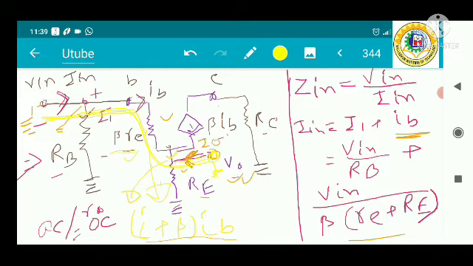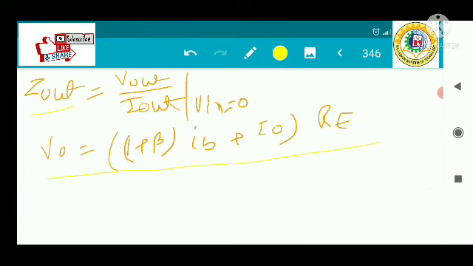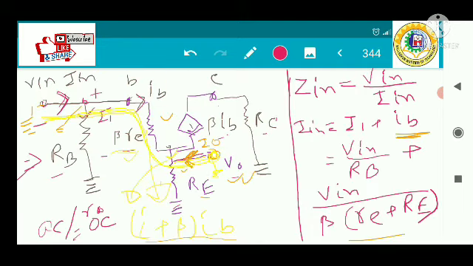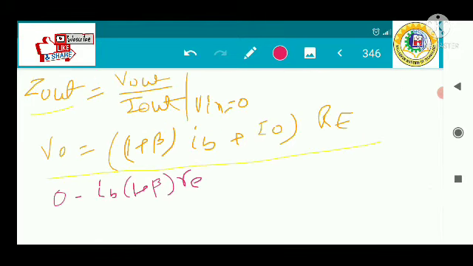So 0 minus IB into 1 plus beta into RE equals V0. Okay, so you just check on your own. Only V0, not this. This voltage is nothing but V0, so I am writing V0. So this will be equal to your V0.